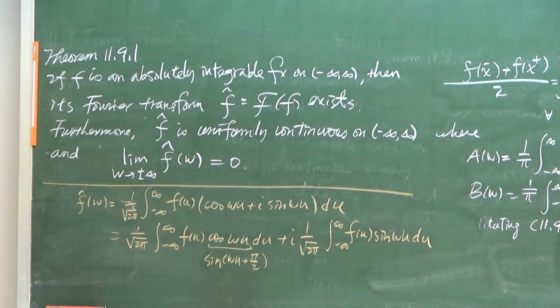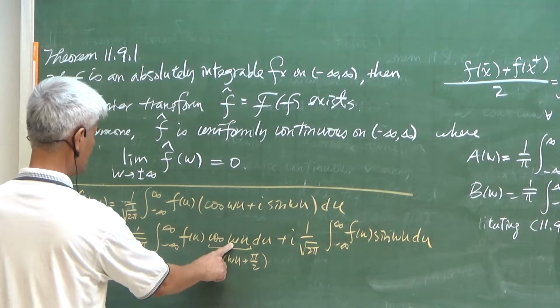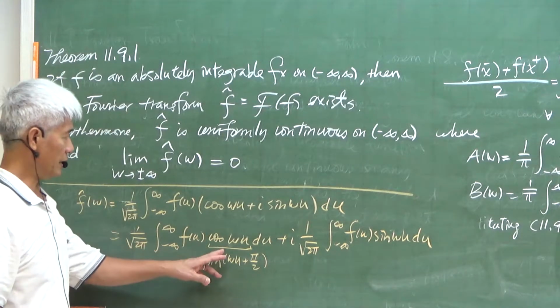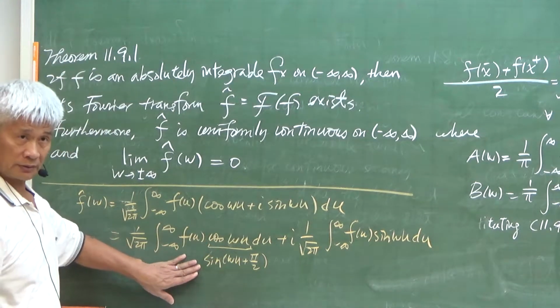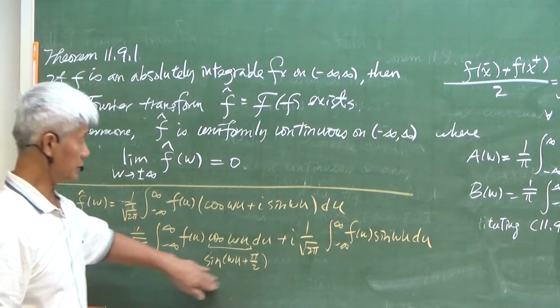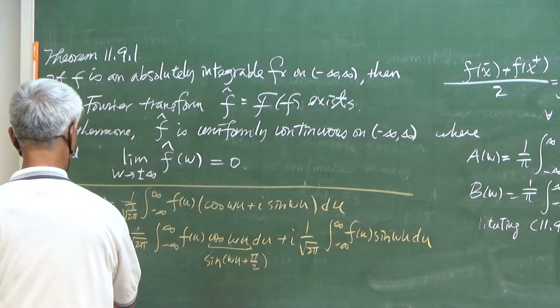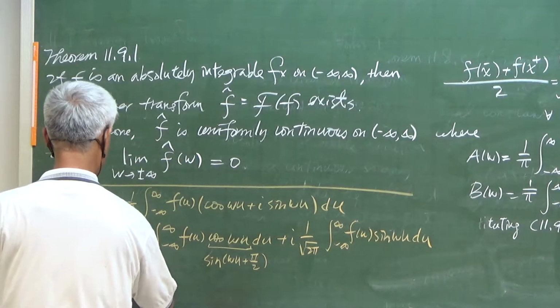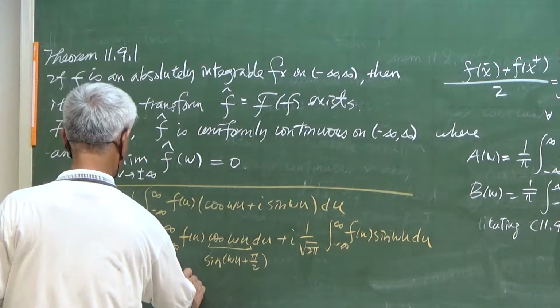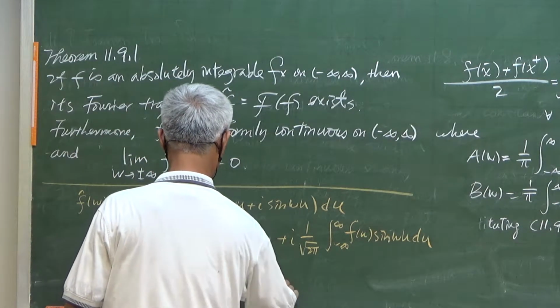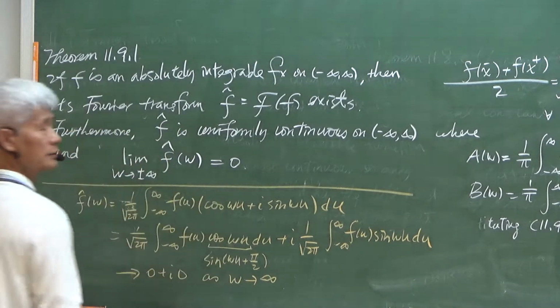So as w goes to infinity, as the frequency goes to infinity, by the Riemann-Lebesgue lemma, this goes to 0. Also, this goes to 0. Okay? So that it goes to 0 plus i times 0 as w goes to infinity.